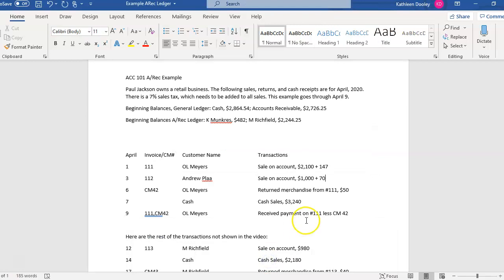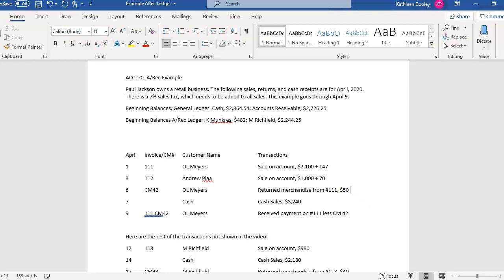Okay. The next one we have on the 6th, credit memo number 42 to O.L. Myers. O.L. Myers returned merchandise back from this invoice of 111. Some of it was defective or the wrong color, whatever the issue was. $50 of it got returned. Now, just because it's a return doesn't mean we don't figure out the sales tax.